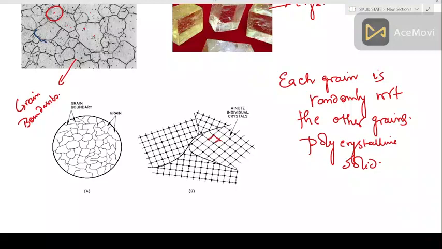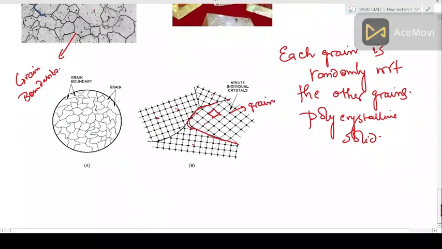So here again, for your better understanding, you can see this diagram. These are of definite pattern. These are the small crystals, individual minute crystals, but the collection of these minute crystals, which I am showing by this red boundary, is one grain, and this is different from this grain, and this grain. So this collection of small crystals is oriented randomly in a polycrystalline or powder solid. So this is a powder.